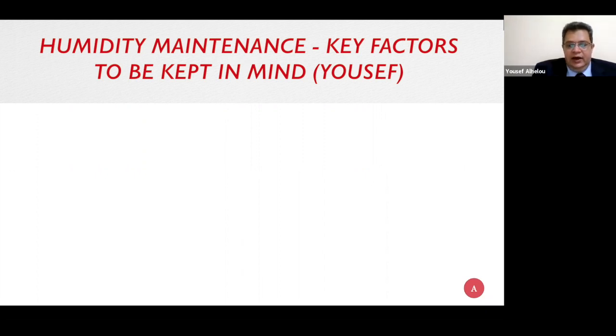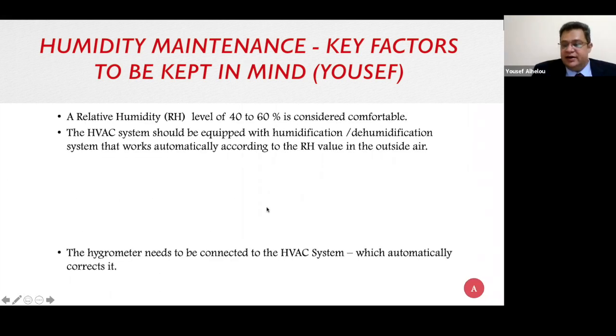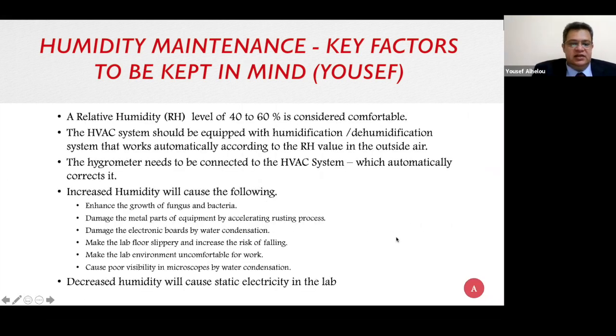So our air handling units are equipped with humidification and dehumidification units that control the humidity. It's connected to the hygrometer inside the lab, and when it senses the humidity is high, it dehumidifies the air that comes to the lab through the air handling unit.